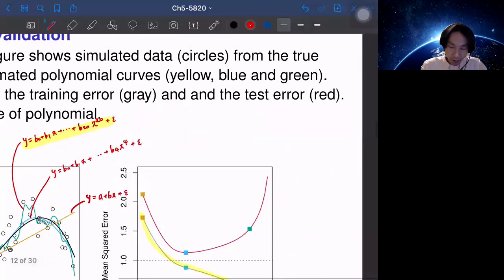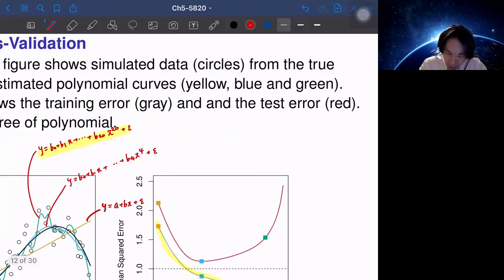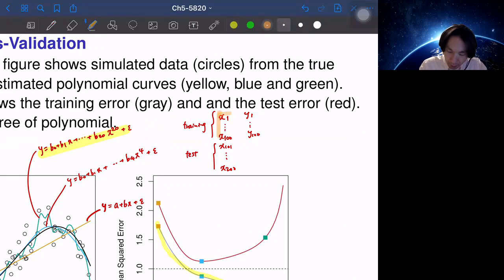Training error is just about thinking about the fit. Suppose we have x1 to x100 and x101 to x200, and suppose these are a randomized training set and test set. And we have y1 to y100. Then we estimate the model from this set. Then we estimate y1 hat to y100 hat.